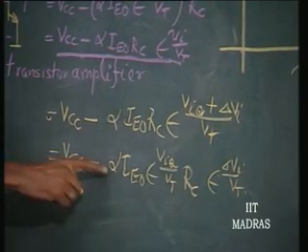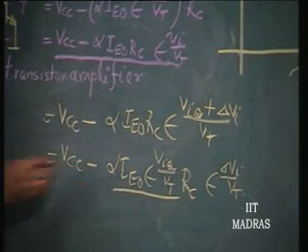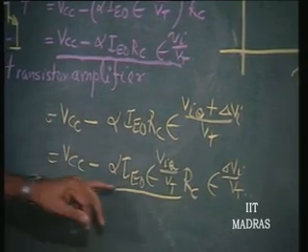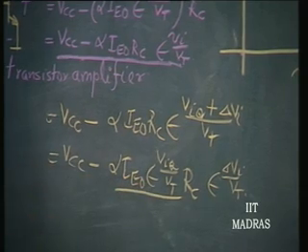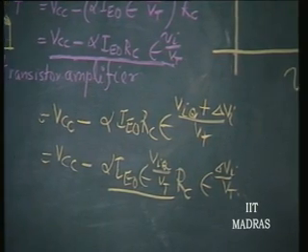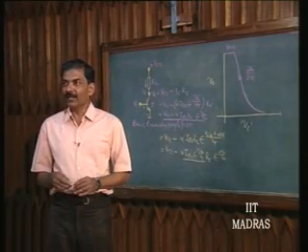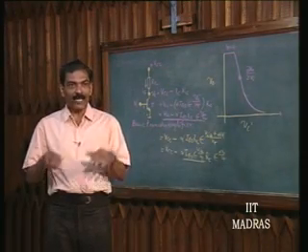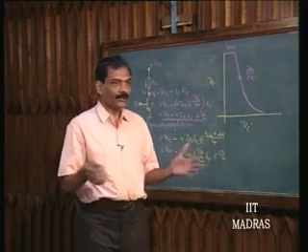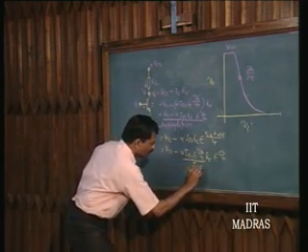So, what is alpha IE naught exponent VIQ by Vt? What is this value? IE naught exponent VIQ by Vt is nothing but IEQ, quiescent operating current, and alpha times IEQ is nothing but ICQ. So, this entire thing is nothing but ICQ.